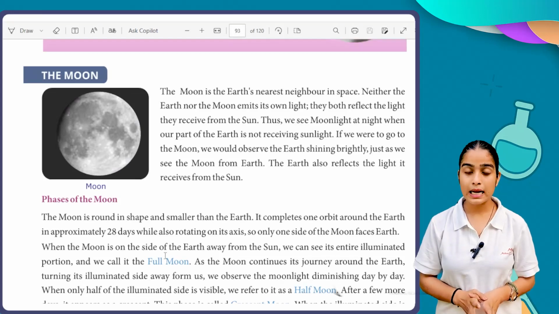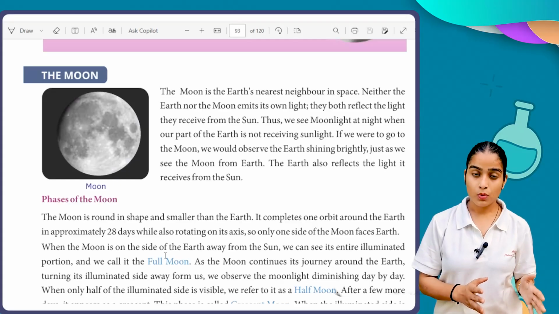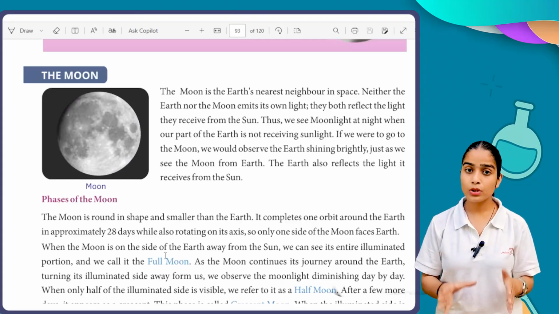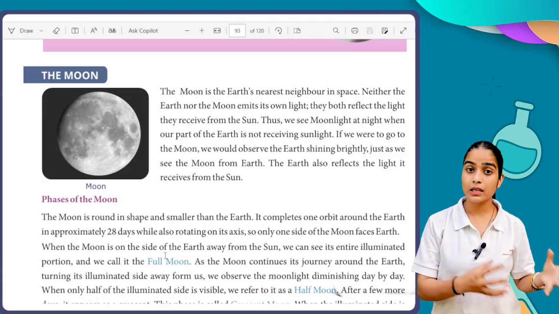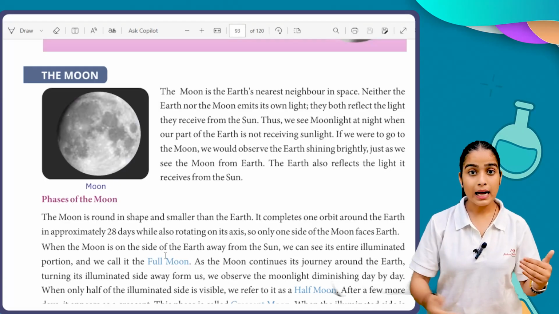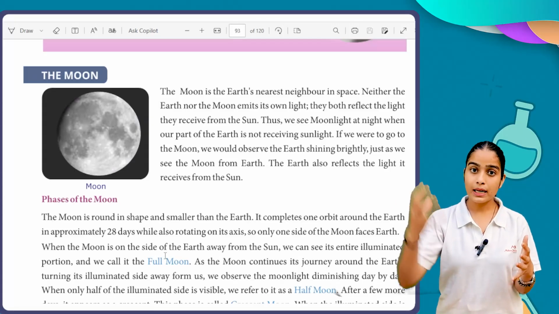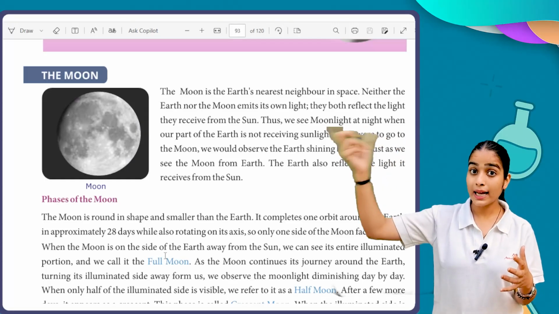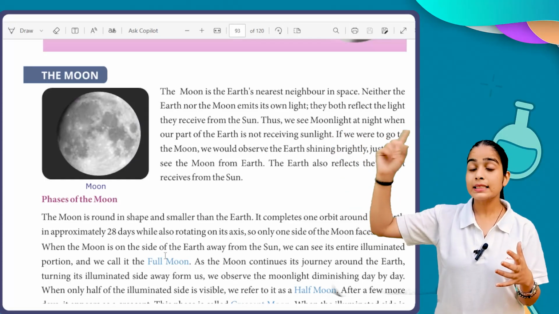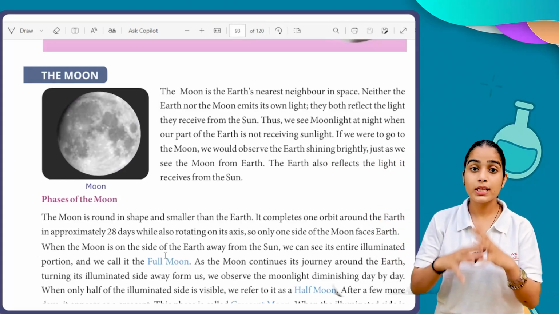So what we understand here is that the closest neighbor we have to Earth is your moon, and both the Earth and the moon don't have their own light. They take light from the sun and reflect it. So when we have night, the moonlight is the light taken from the sun, reflected, and that is why your moon is shining.